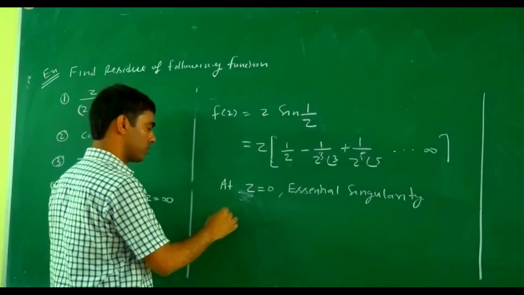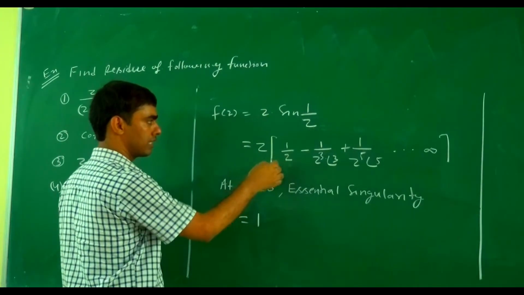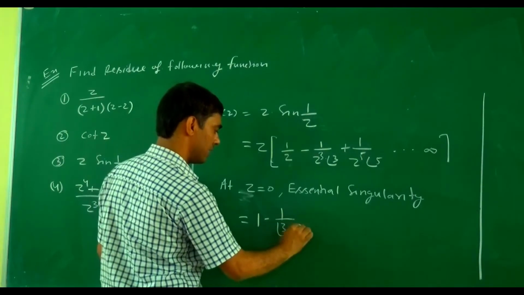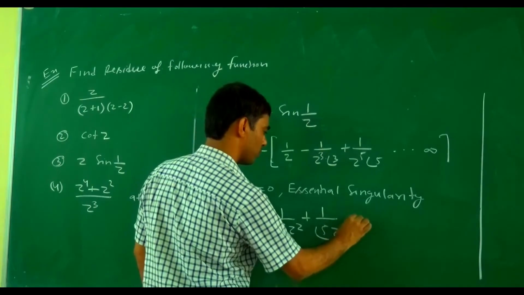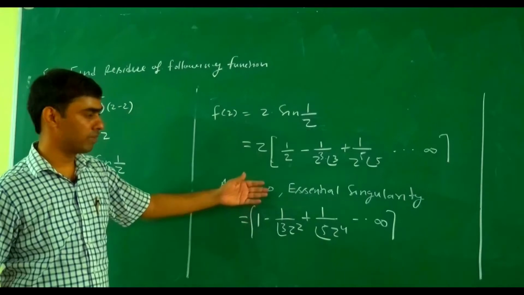If we expand this, it becomes 1, since z and z cancel out, minus 1 upon factorial 3 z square plus 1 upon factorial 5 z to the power 4, up to an infinite number of terms. So what is the coefficient of 1 by z?